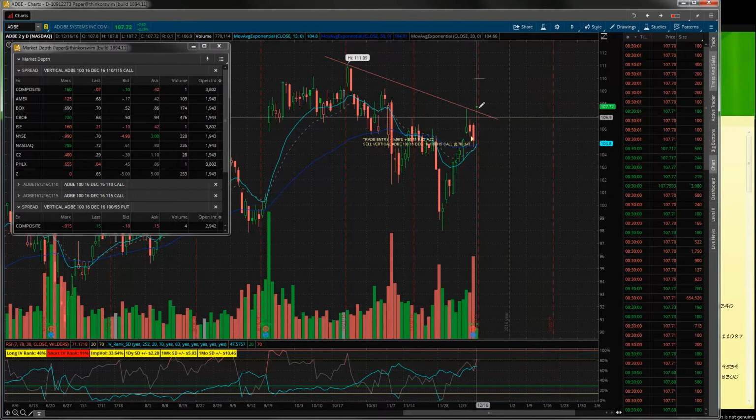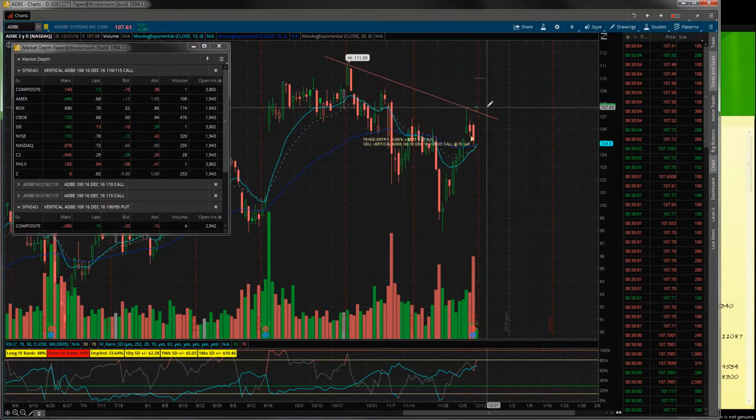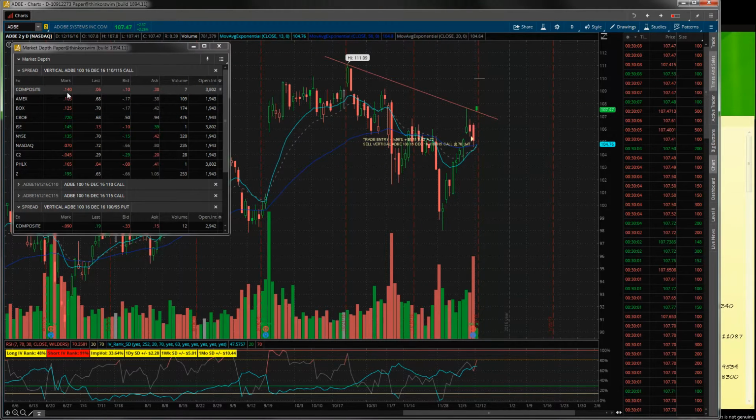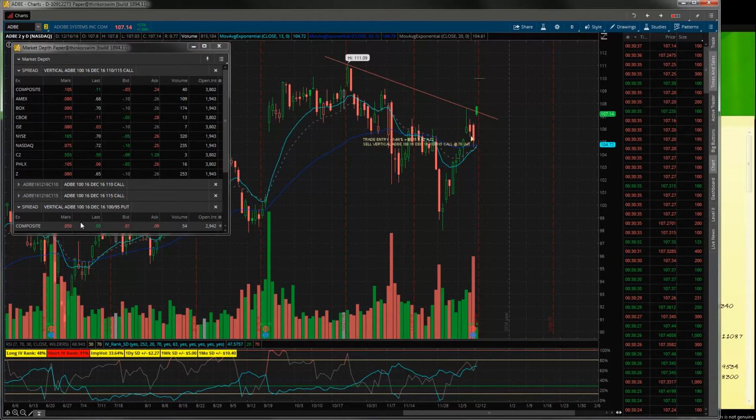Here is the opening bell. 14 cents, 13 cents. The puts were 10 cents even just then at opening.